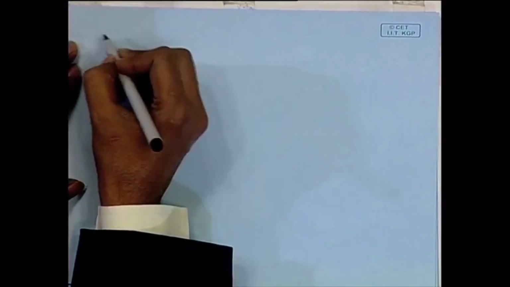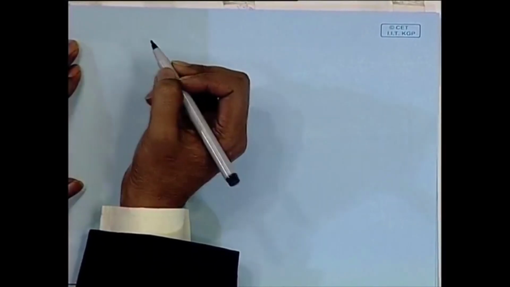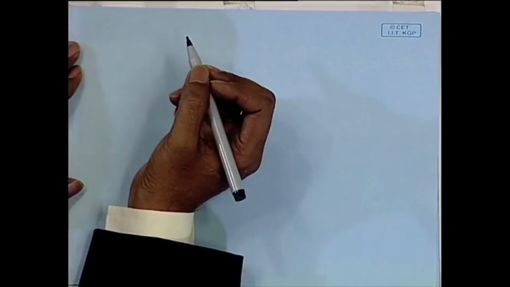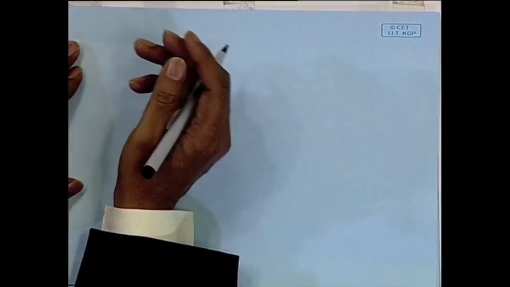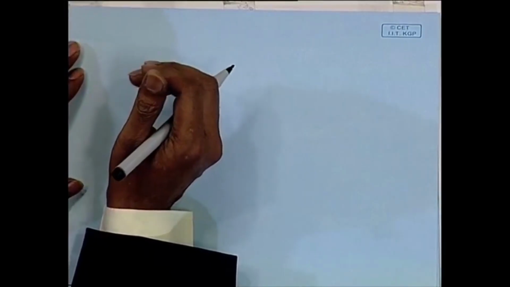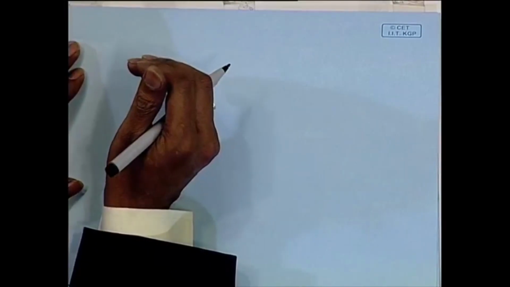Let me give one more problem here. We consider independent random samples of size 5 from two normal populations, and they have the same variance. What is the probability that the ratio of the larger to the smaller variance exceeds 3? This problem is important in the following sense.